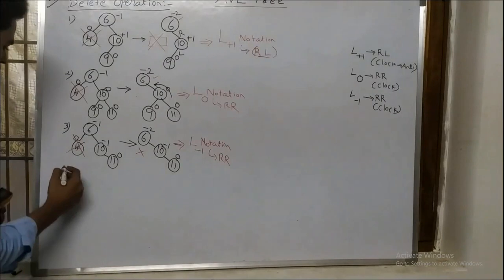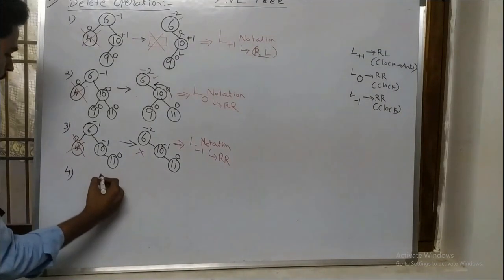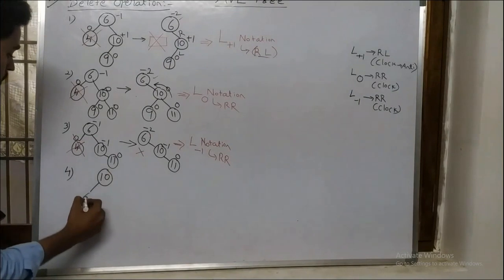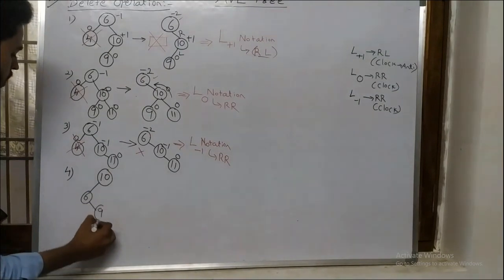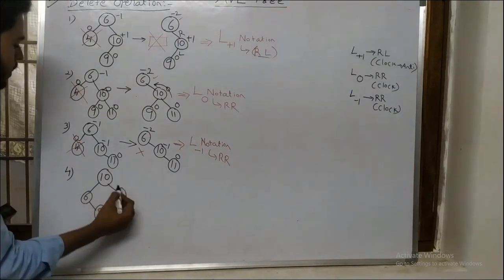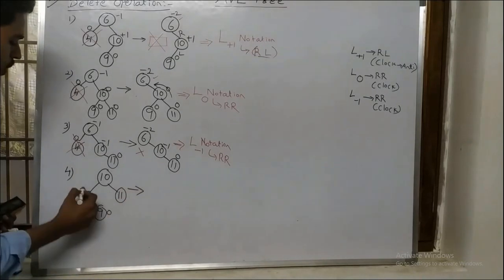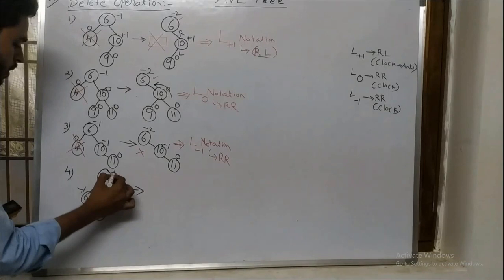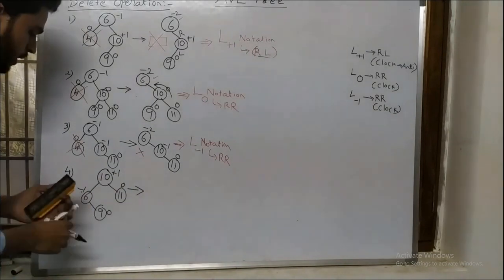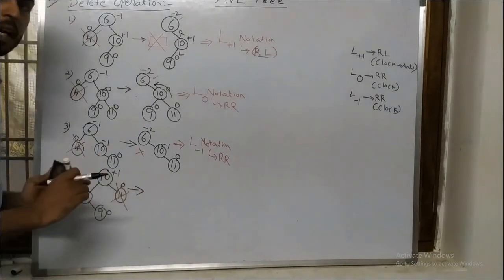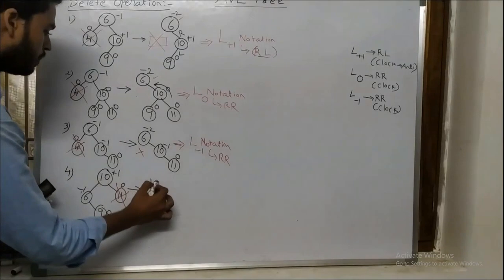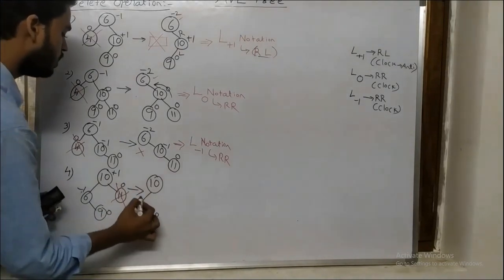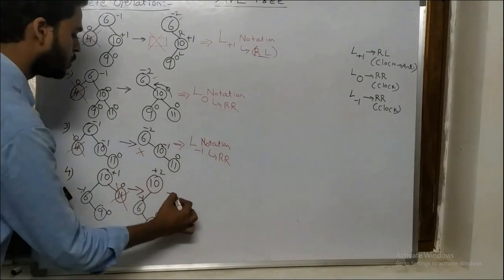For example, take this case: 10, 6, 9, 11. Is it valid? 0, minus 1, 0, plus 1. Yes, it is valid. But because of this deletion, my tree becomes invalid. 10, 6, 9: 0, minus 1, plus 2.